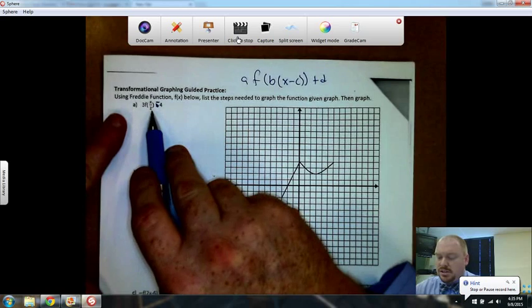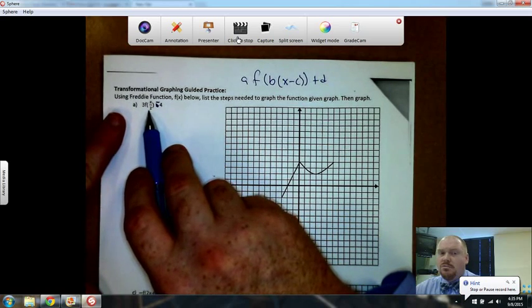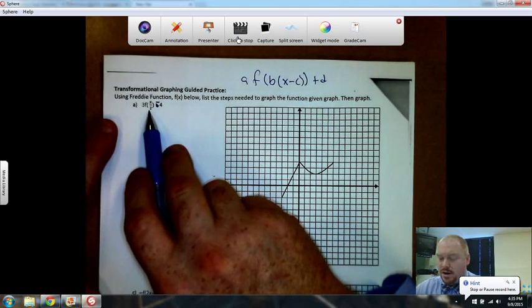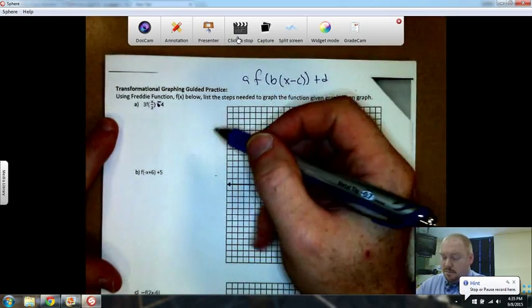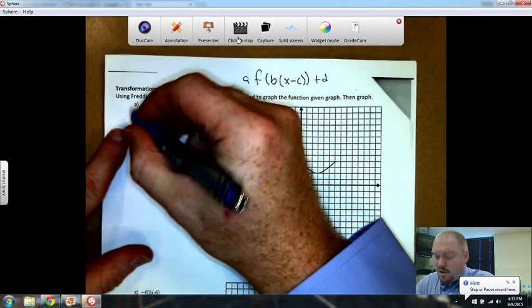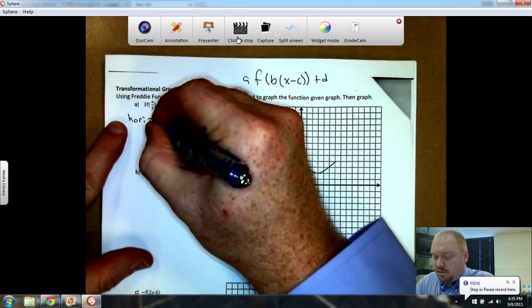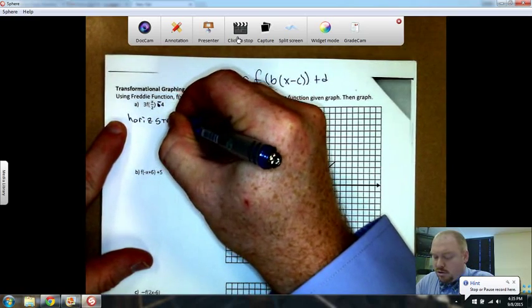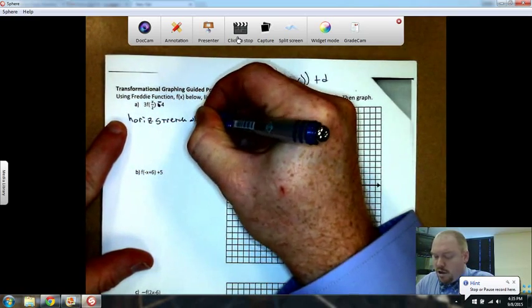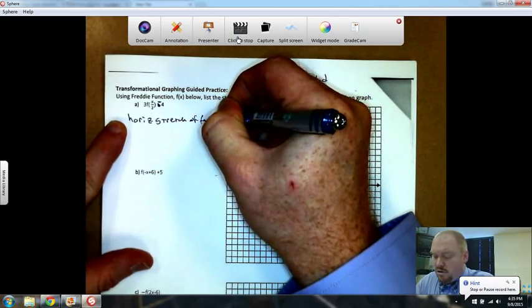So since this is multiplying 1 over 2, the reciprocal of that is 2 over 1. And since that's bigger than 1, I have a horizontal stretch of factor 2.